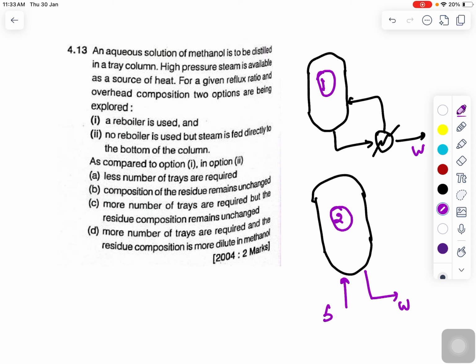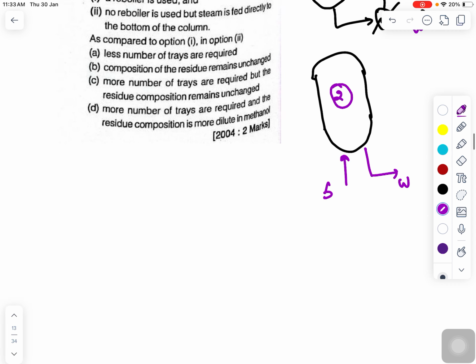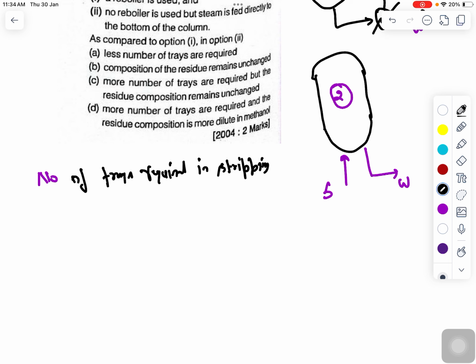So if you are going to use the open steam condition here, obviously when open steam is used, the number of trays required in the stripping section decreases.